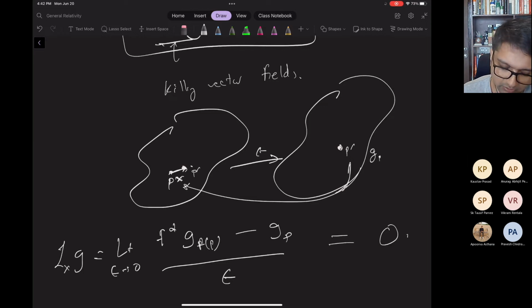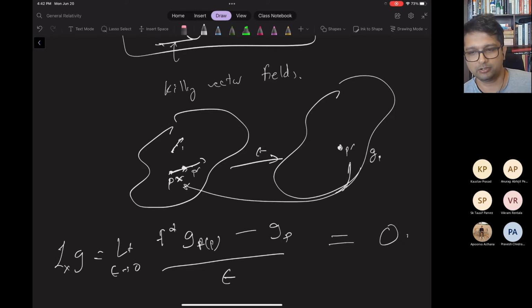If this is 0, then we say that the metric has not changed under the flow. So this defines a particular set of directions on the manifold. At each point, you're telling me what direction I need to flow in order to preserve the metric.